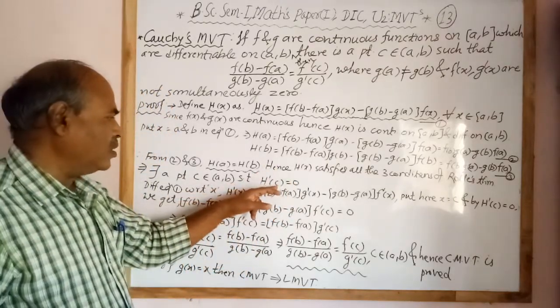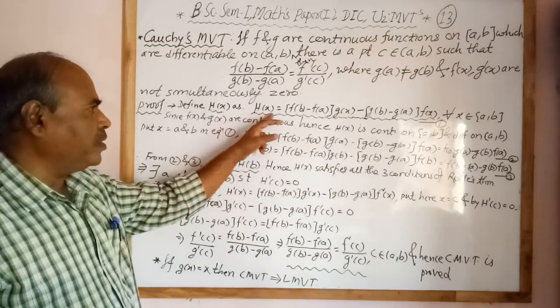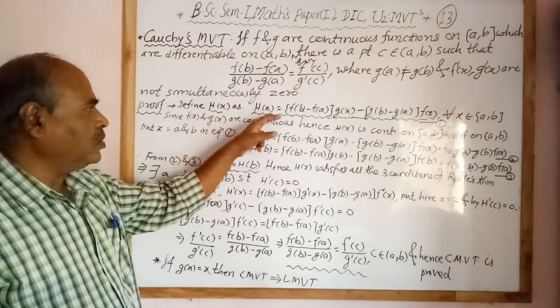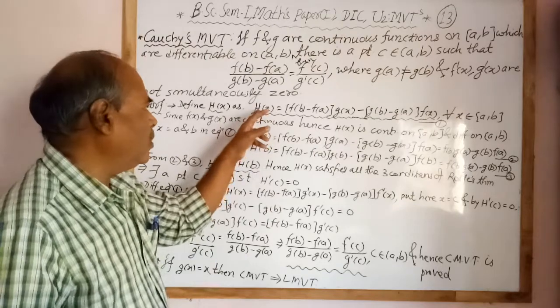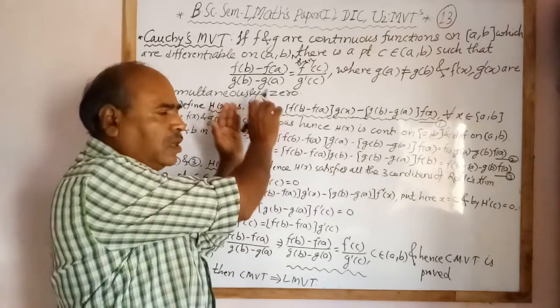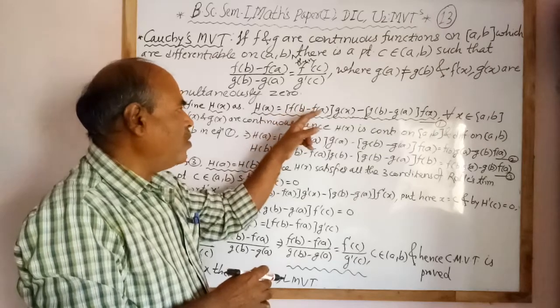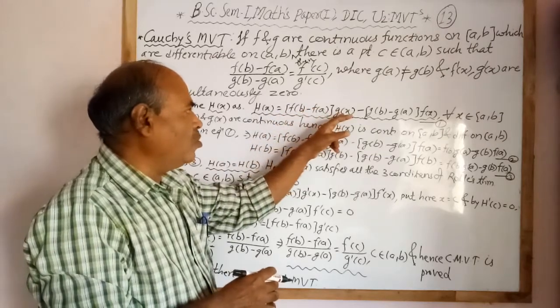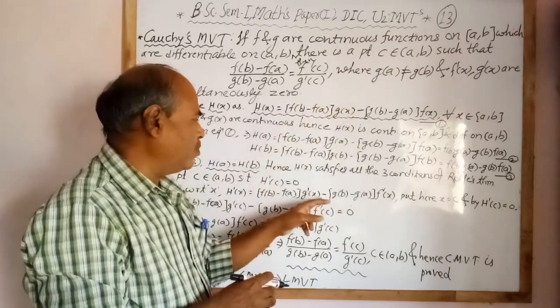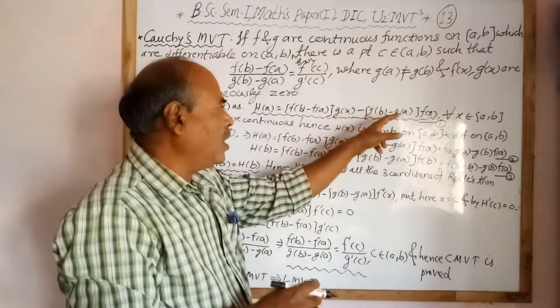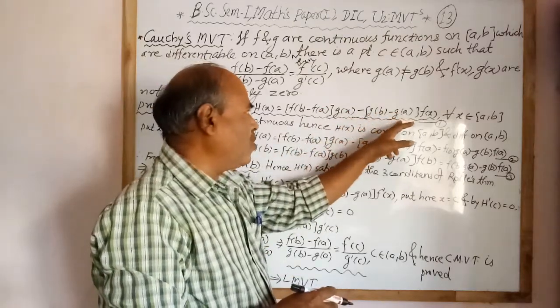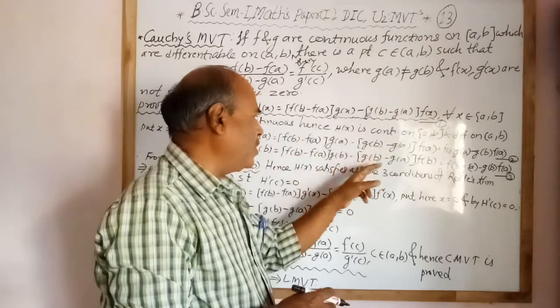Now here for h dash of c, we have to find the first derivative of this h of x. Therefore differentiating equation 1 with respect to x, h dash of x equal to: this bracket f(b) minus f(a) is constant, therefore derivative of g of x, g dash of x. Similarly this second bracket g(b) minus g(a) is constant, derivative of f of x, f dash of x.